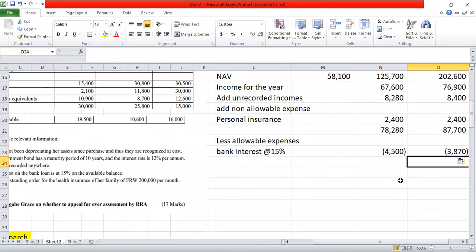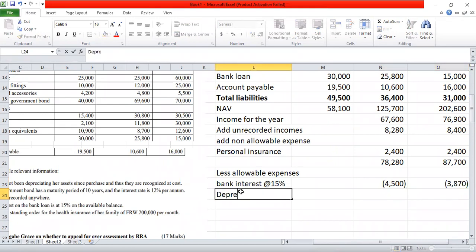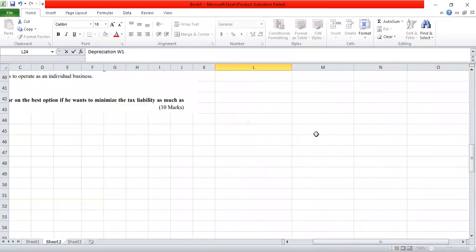That will be the interest. So we also look at depreciation or capital allowances, which is working in number 1, I think. We can put it here.